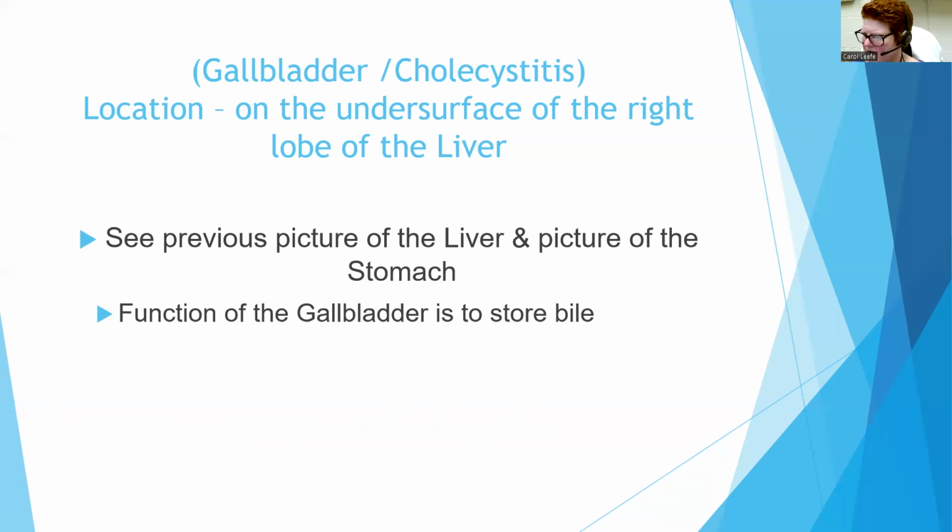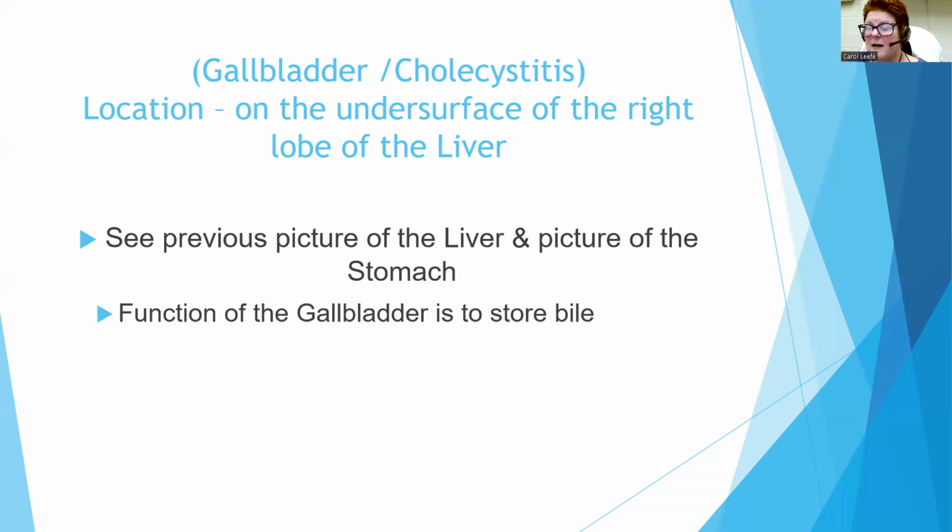So you can see the previous picture of the liver, and then the picture of the stomach has it kind of flipped up so you can see the sac. And of course, the function of the gallbladder is to store bile and to take in water to help concentrate the bile so that it can flow from the cystic duct.